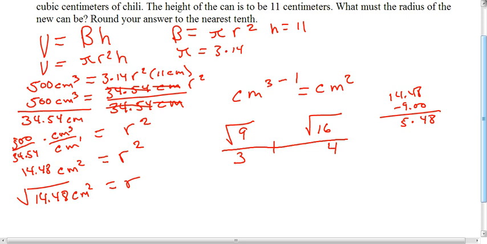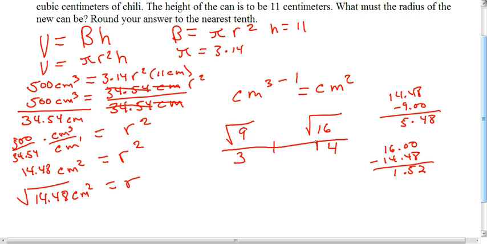Now, if I subtract 14.48 from 16, then I would get roughly 1.52. So my answer is really close to my 4.